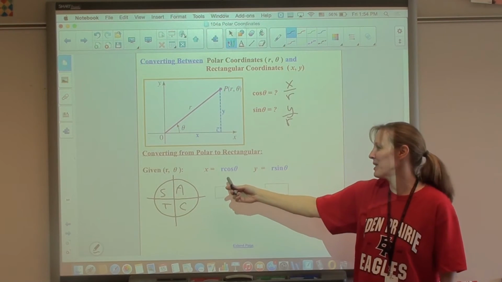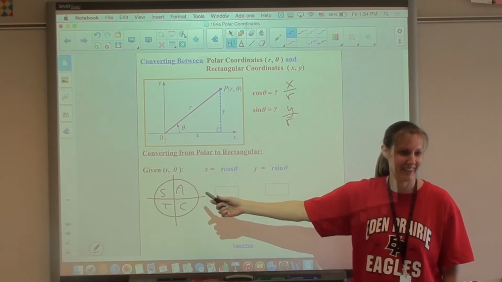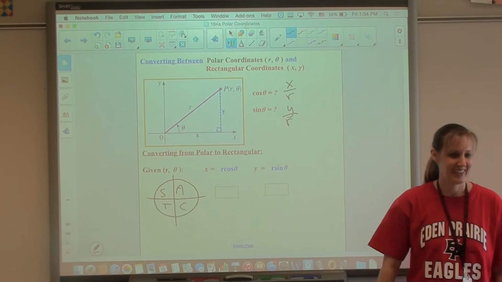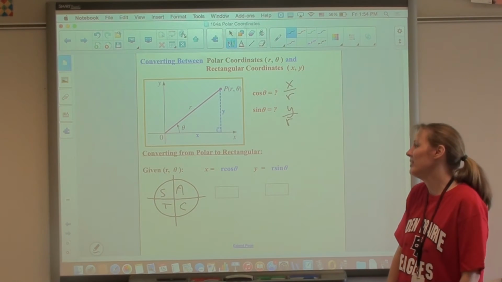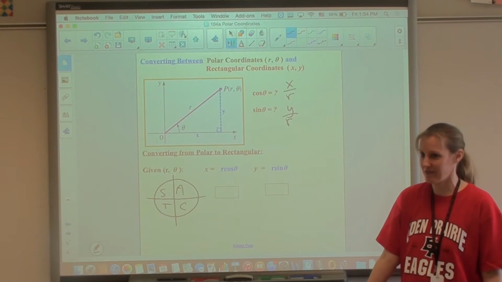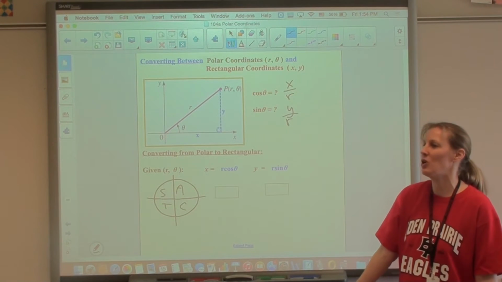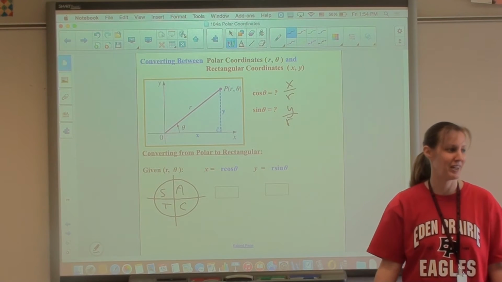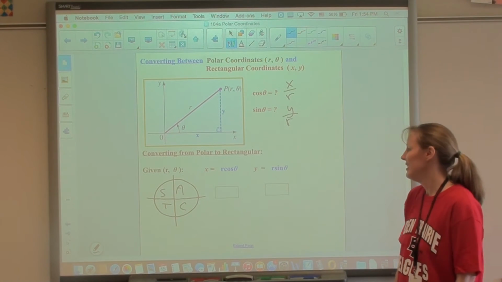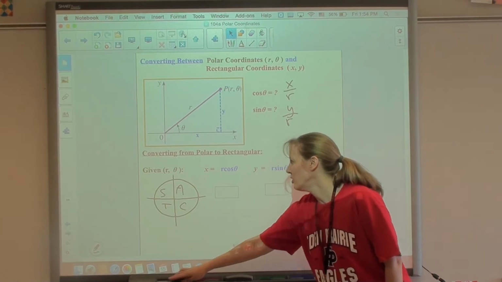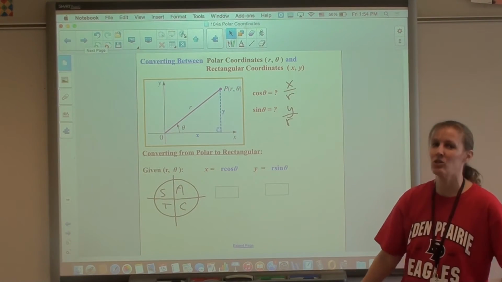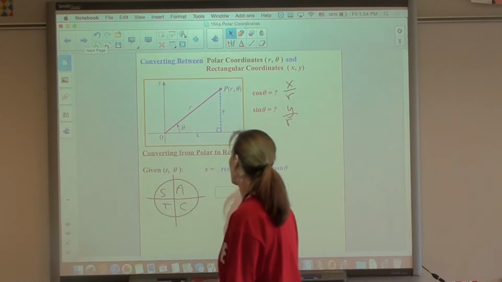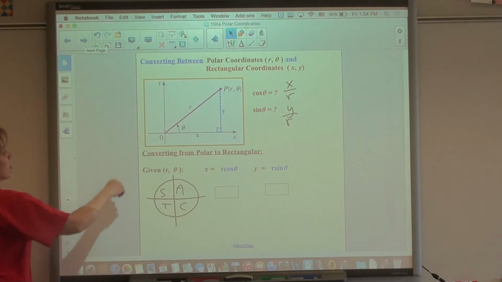That was the joke. Apparently in third period I stretched out the word horizontal a little long, and everyone thought it was funny. But there you go. So cosine goes with your horizontal component. Y goes with sine, co goes with ho.